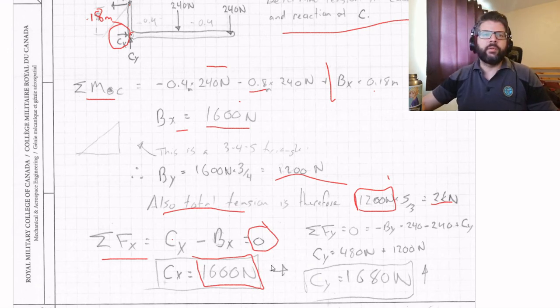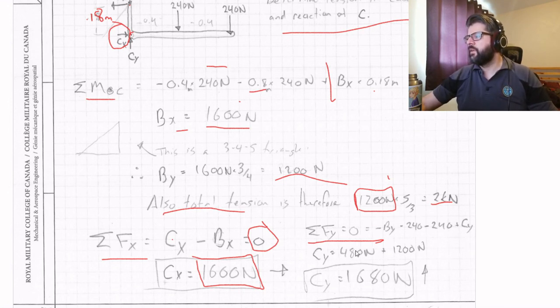And then, well, we've got one more equation left. Let's use it. The sum of the forces in the y direction is equal to 0. So again, negative By minus the 240 minus another 240 equals Cy. So add these terms to the other side of the equation and solve for Cy.